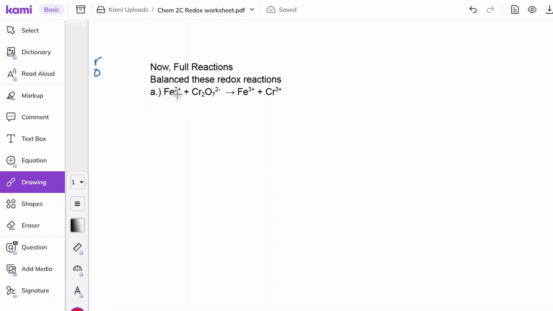For this one, as you can see here, the Fe, the iron, has initially a charge of 2+, and then at the end it has a charge of 3+ now. So the charge is going up, which means it is being oxidized. Right here, the oxidized element is the Fe2+, which means since it's being oxidized, it's the reducing agent. And now what is being reduced?